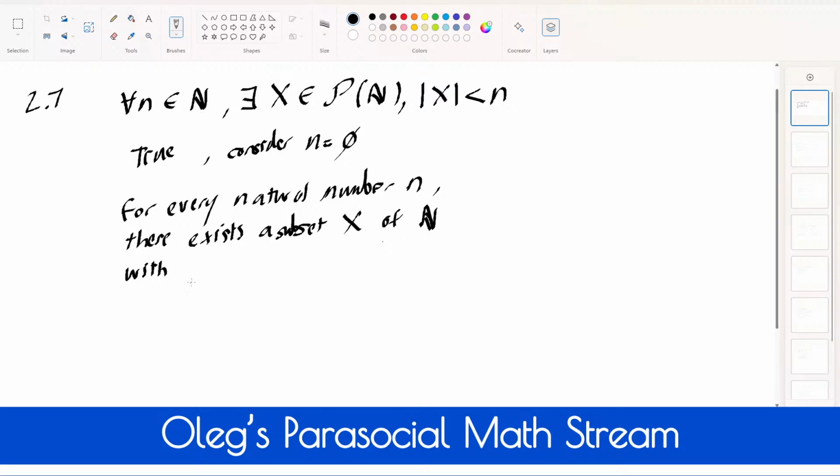They can just do this with cardinality of X is less than n. If you have an equation like that, you can write that out. This is what they did here. They simply popped that equation right in there. That's fine. But if you were going to write that out word for word, we would say with the cardinality of the subset X being less than the number n.